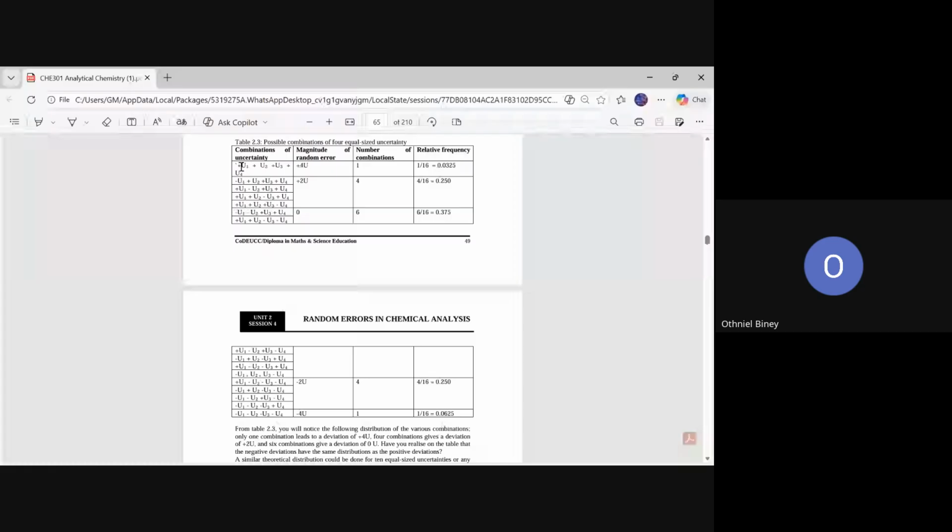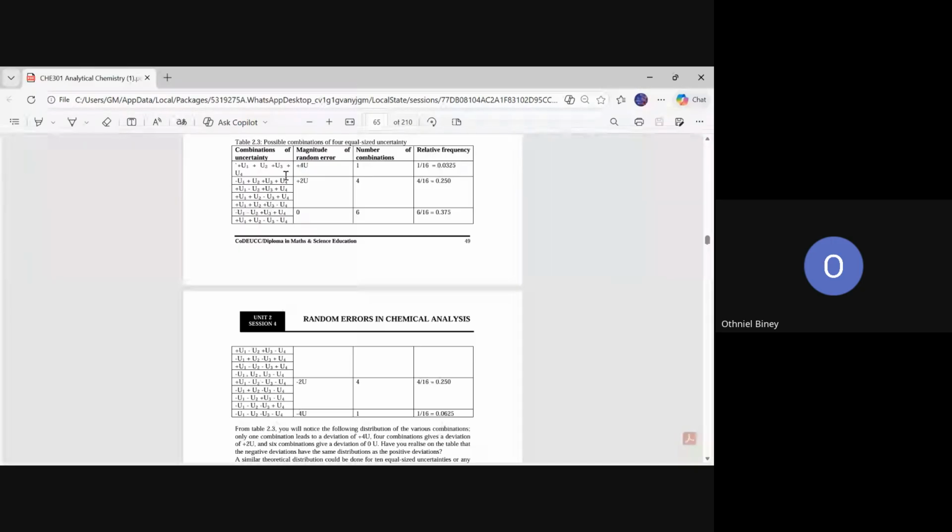If you move this plus to here, move this plus here, it will just be plus throughout. So the number of combinations here is just one. Because this is just positive, there is no way you can change the positive to get a different thing.